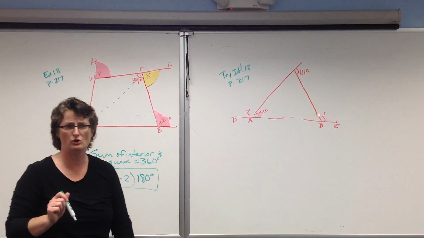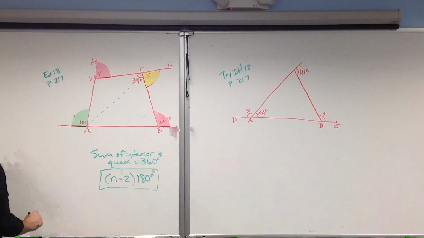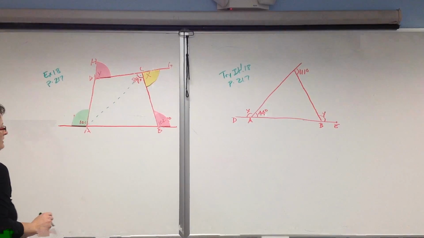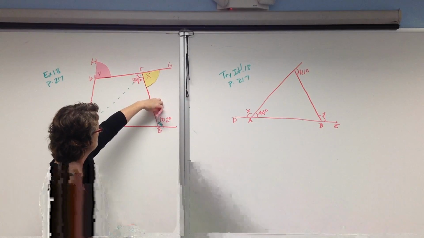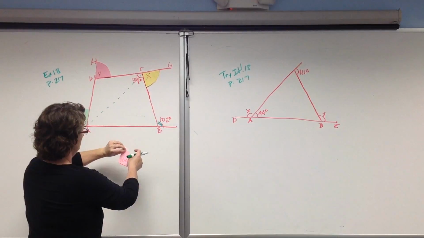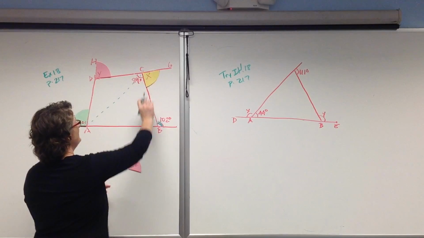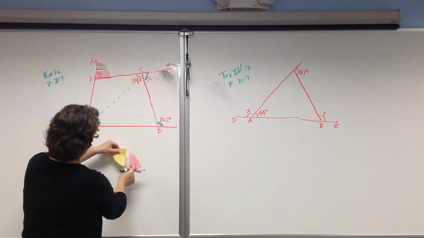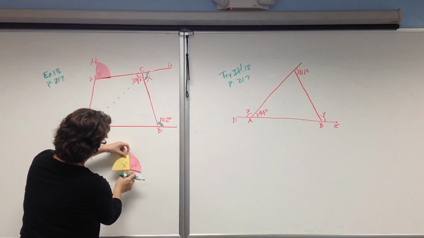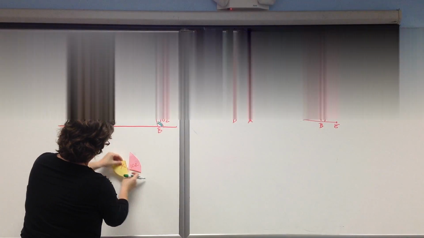And what I want to show you is that when you take these angles and you actually take them apart and put them back together again, kind of like we did with a triangle to form a straight line. Where do I want to put this?